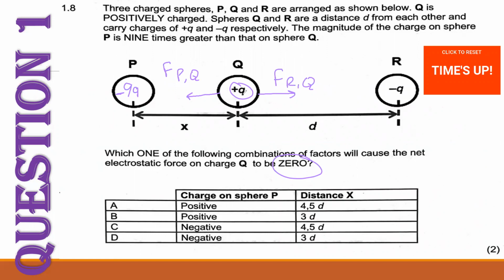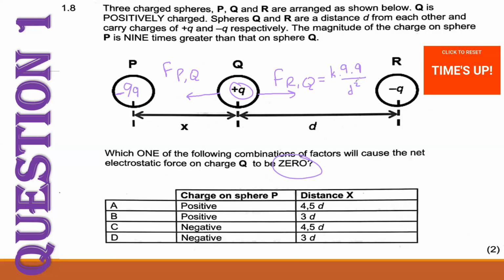What else do we know? The two forces are equal, so I'm going to use our formula, K times the charge of R times the charge of Q over D square.